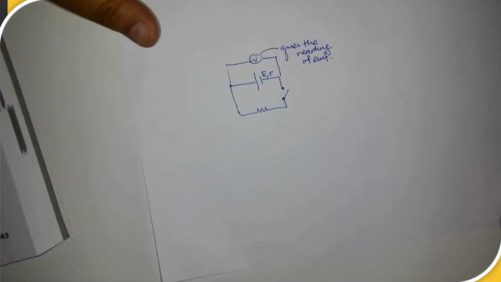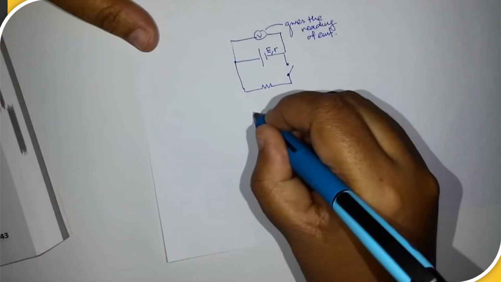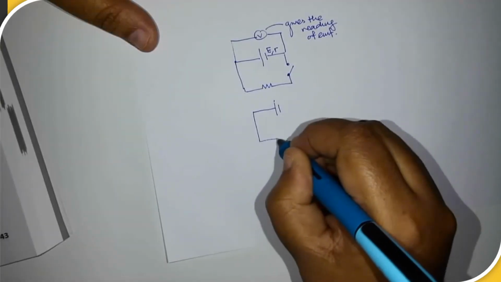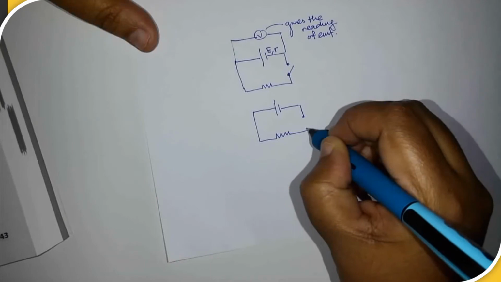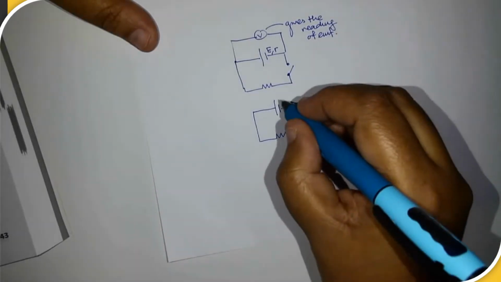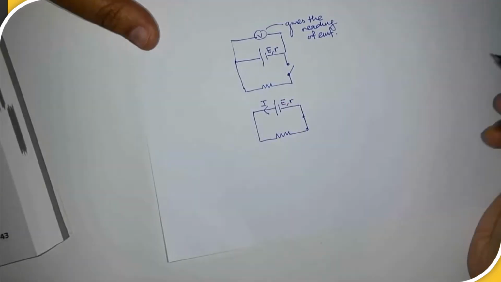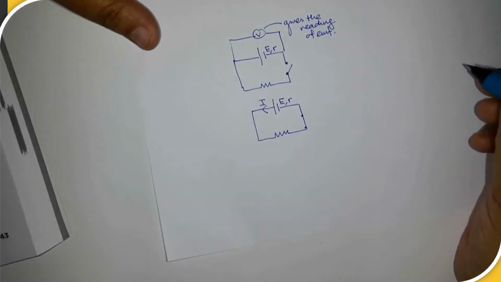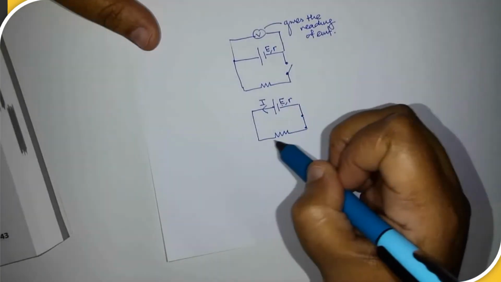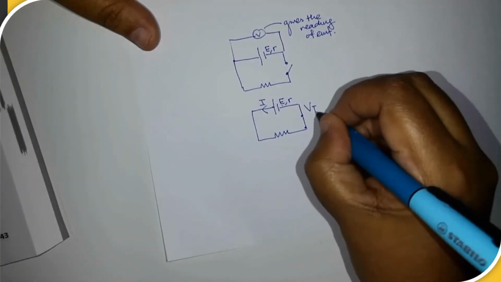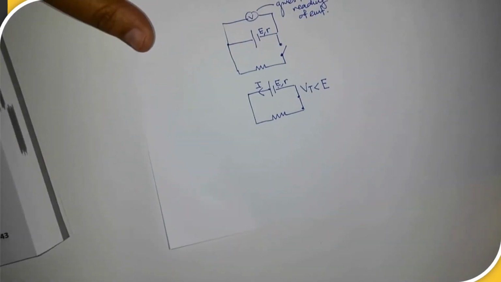Next, the second situation: I have a battery and it's a closed circuit. Here we have E, here we have R, and current will start to flow. When current flows, the terminal voltage, which is the voltage from this point to this point across the battery, Vt, will be less than the EMF. Why?